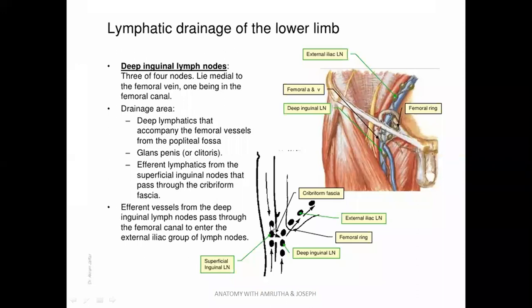From the superficial inguinal lymph nodes, the lymphatic channels connect to deep inguinal lymph nodes. Now from here, it goes to external iliac group of lymph nodes, which are located still further on the upper aspect. Efferents from the deep inguinal lymph nodes pass through the femoral canal, which is located medial to the femoral vein, and it enters external iliac group of lymph nodes.